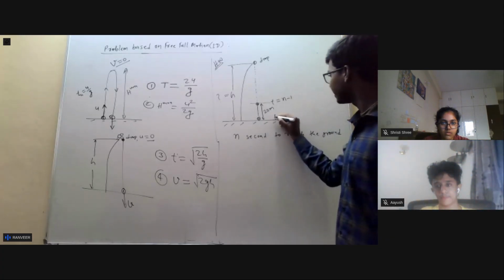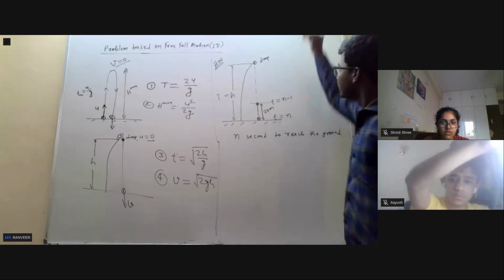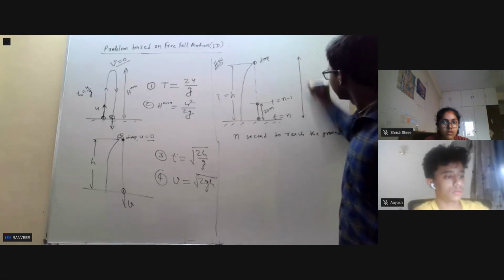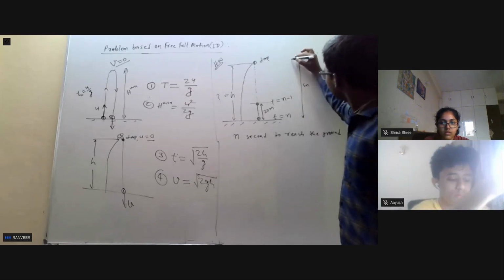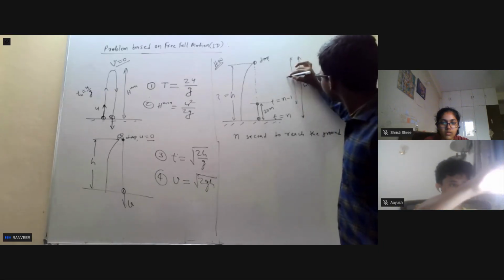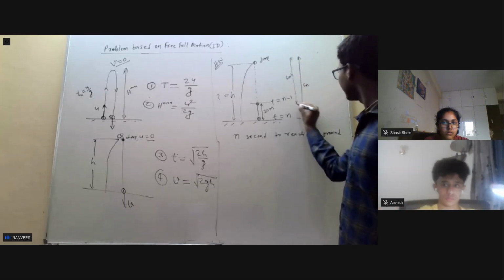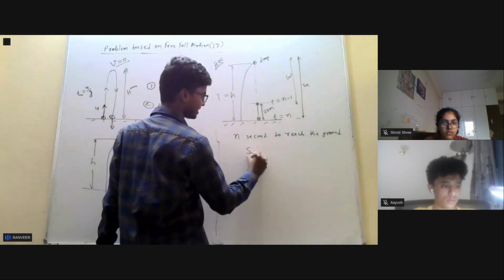And what is the time here? It's n. So if you subtract the distance traveled in n seconds minus the distance traveled in n minus 1 seconds, it will give the 20 meters. What is Sn minus 1?